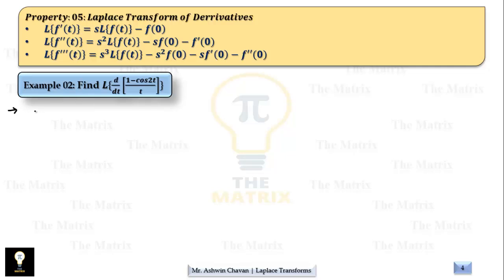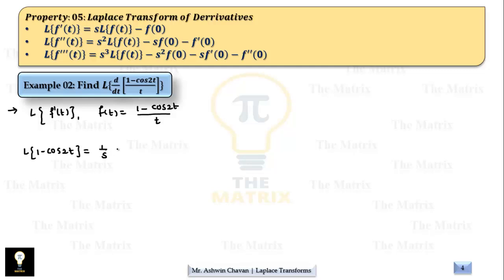So the same thing can be written as Laplace of f dash of t is expected, and here f of t is nothing but the function (1 minus cos 2t) divided by t. Again we can see 1 by t is a property, so we start with the numerator. Laplace of 1 minus cos 2t, both functions are in standard form.